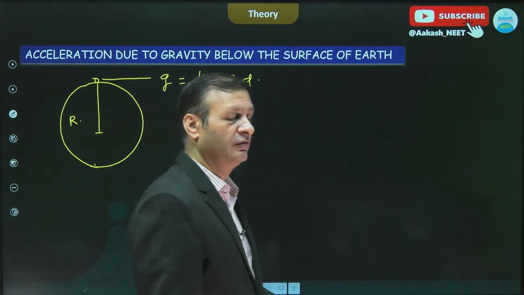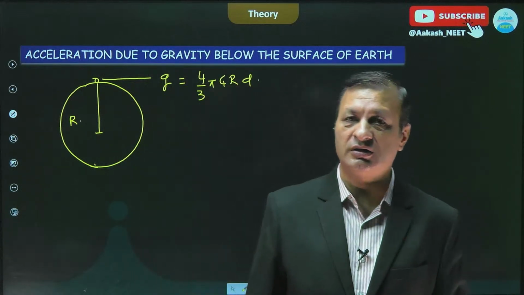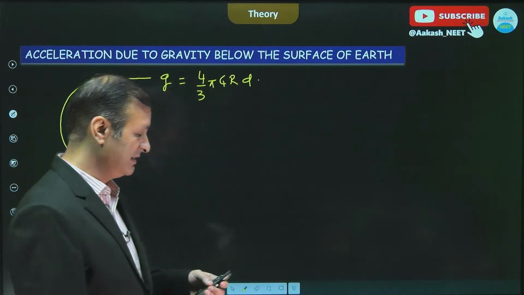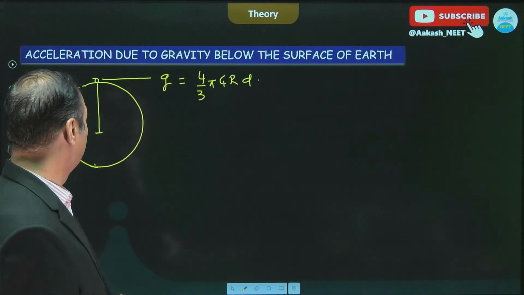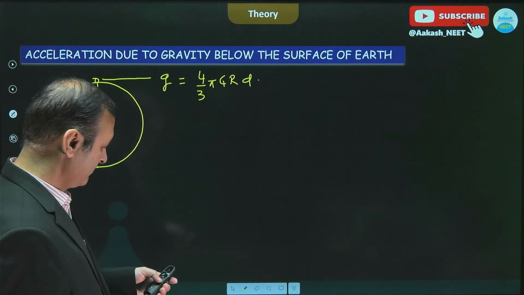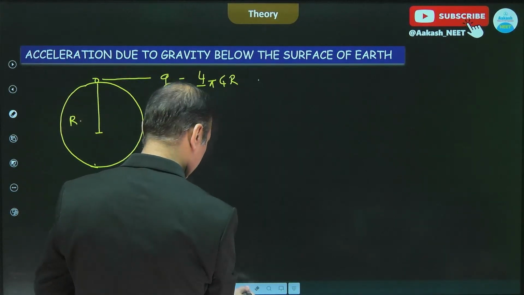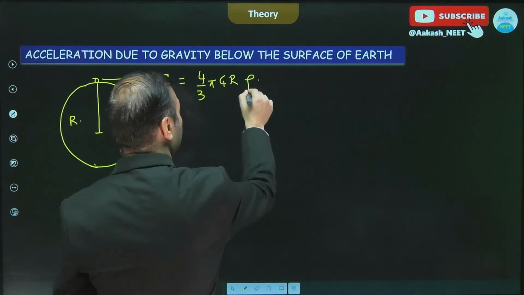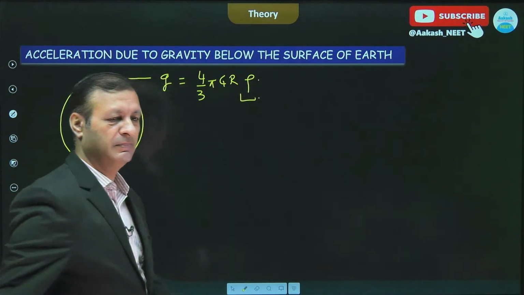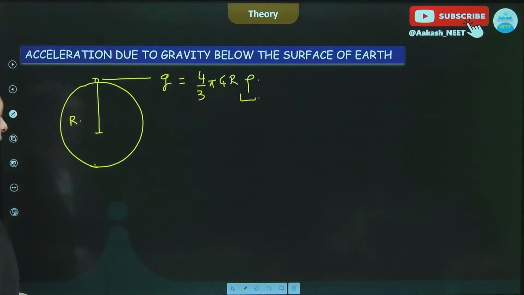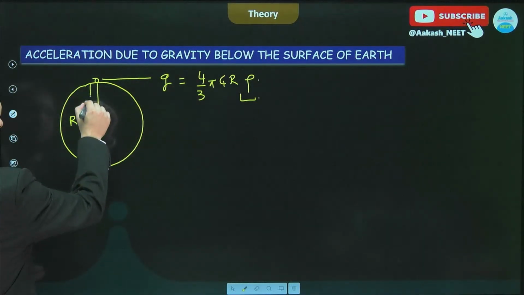So that means 4 by 3 pi G R times rho. This is density. I am now using the symbol rho for density because my next step will make this point clear.